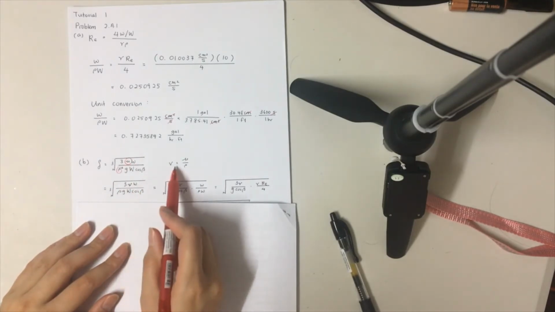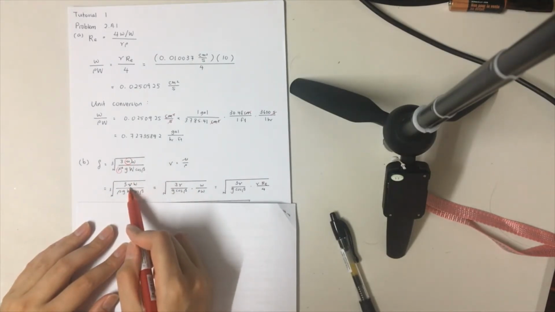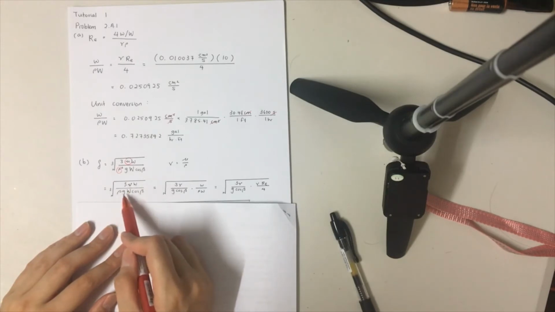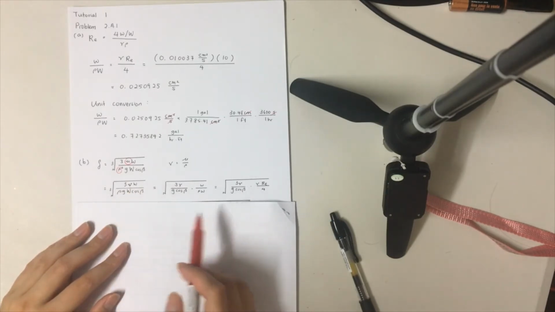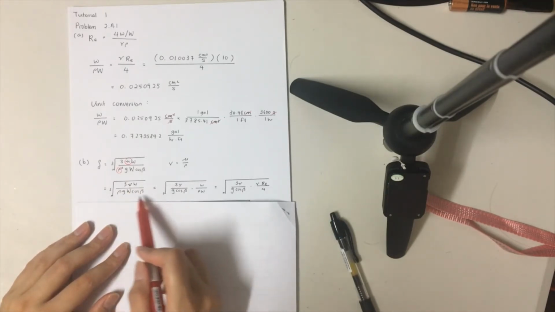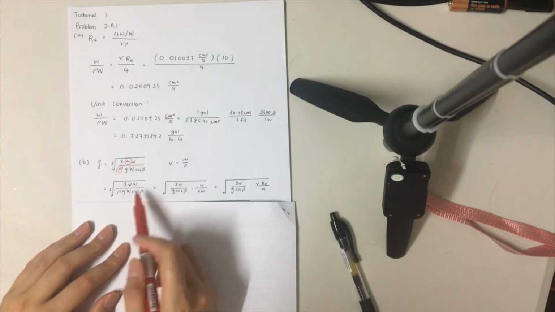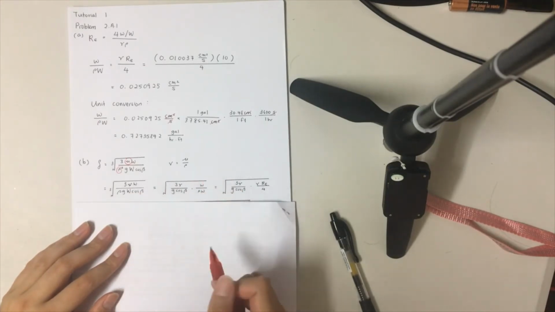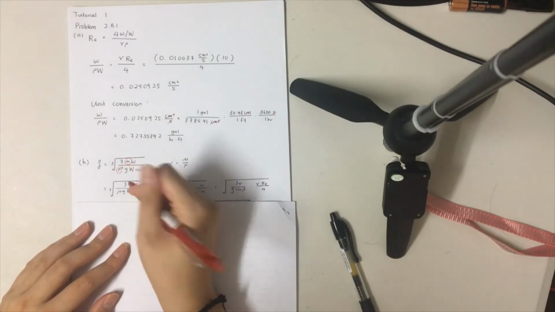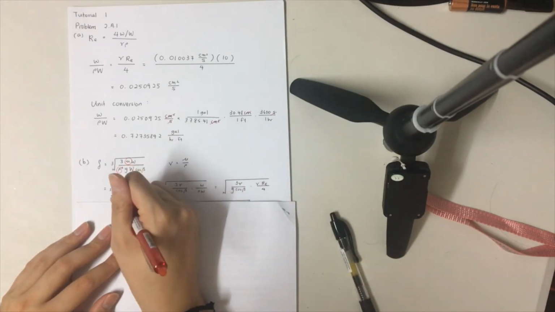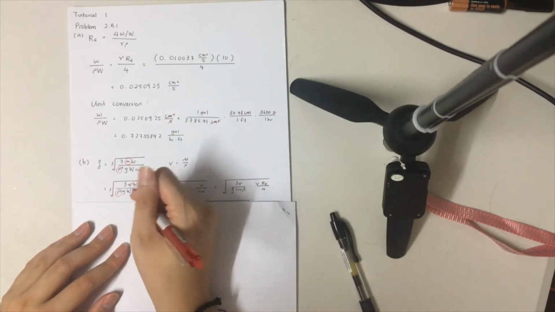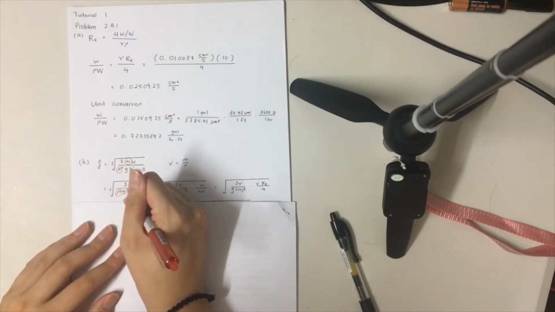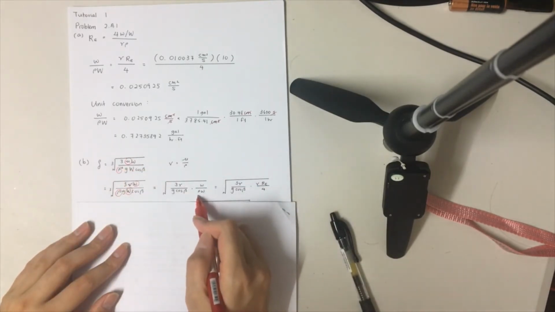Change it to the kinematic viscosity over here. Therefore, we can split this equation into these two parts, which is the mass flow rate, density, and the width, which is here.